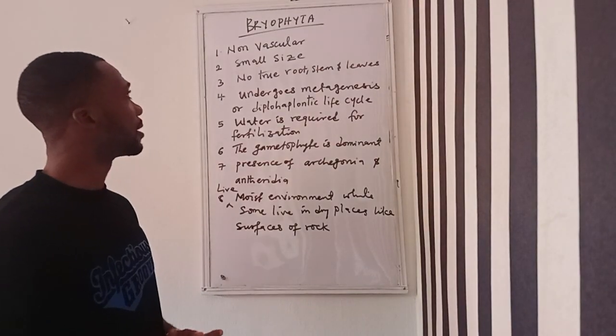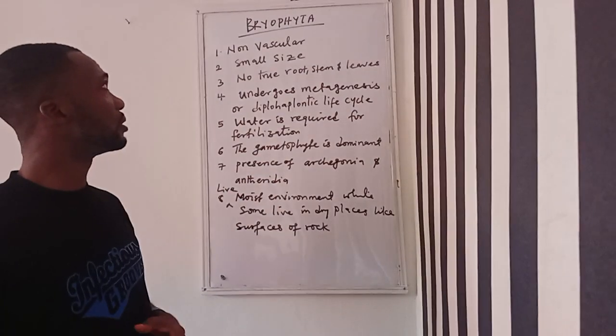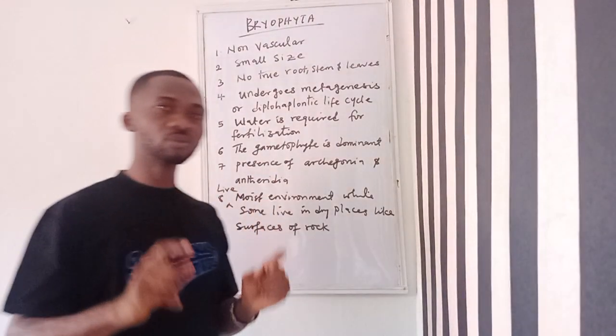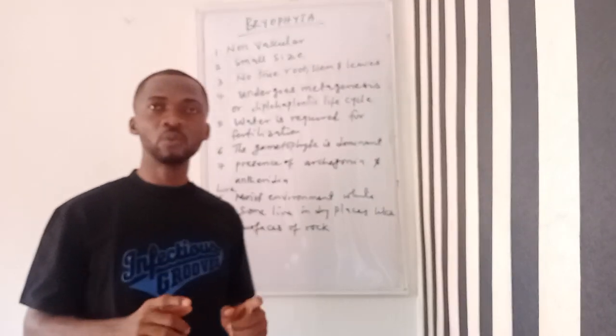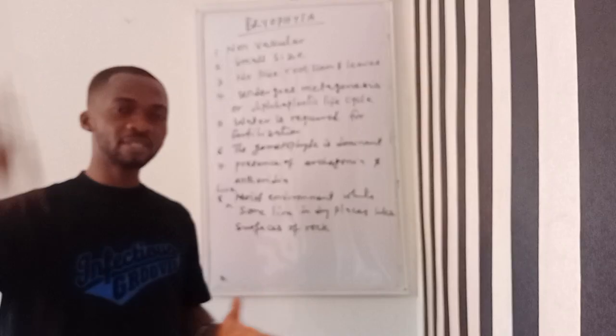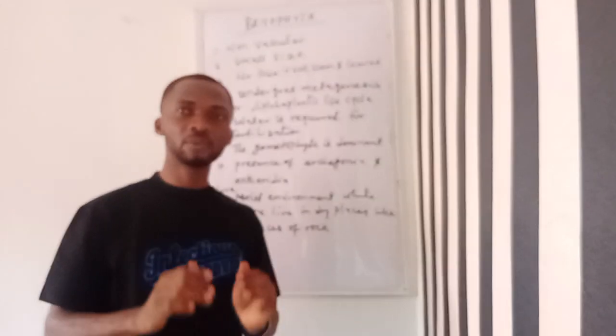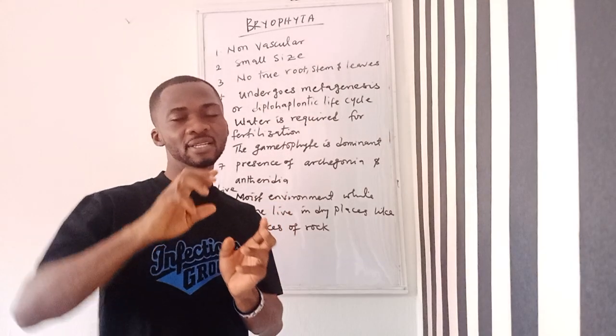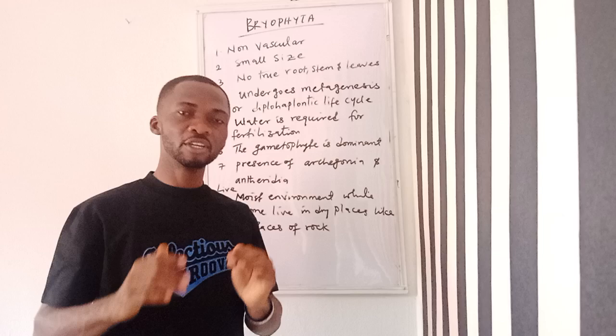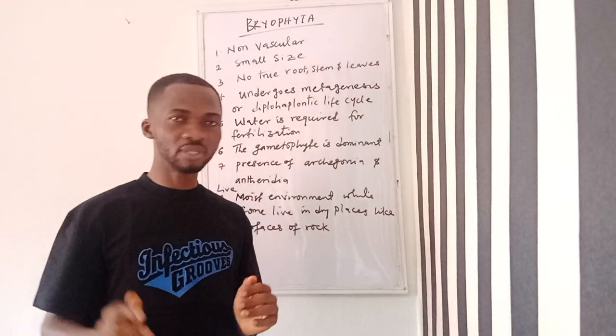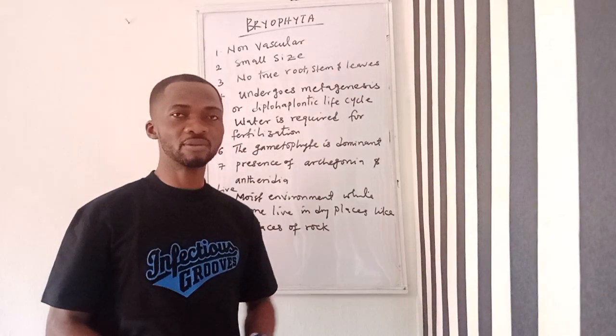So Bryophyta. Now let me start by talking about the position of Bryophyta. When you look at the groups of plants that I mentioned, you discover that Bryophyta occupies an intermediate position between higher algae and lower pteridophytes.